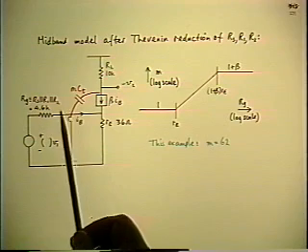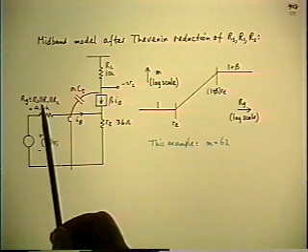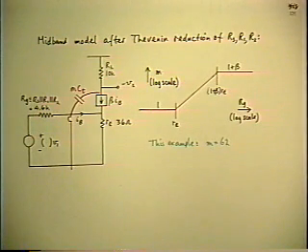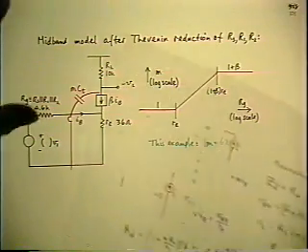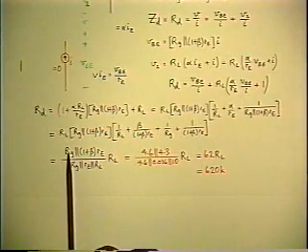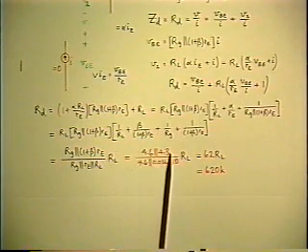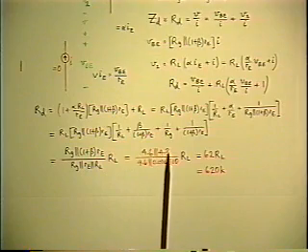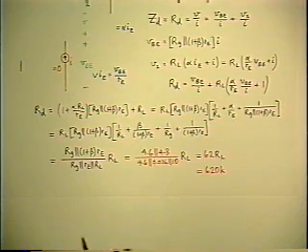In fact, the numbers that we had right here, I can find the earlier picture. Here it is. If you look back at this picture, RG and 1 plus beta RE are 4.6K and 4.3K.